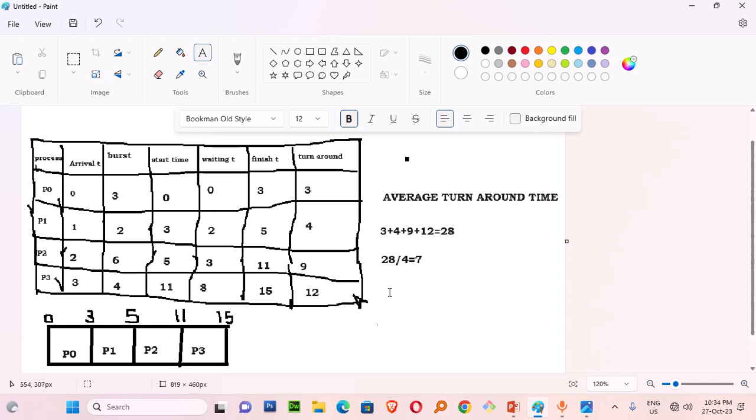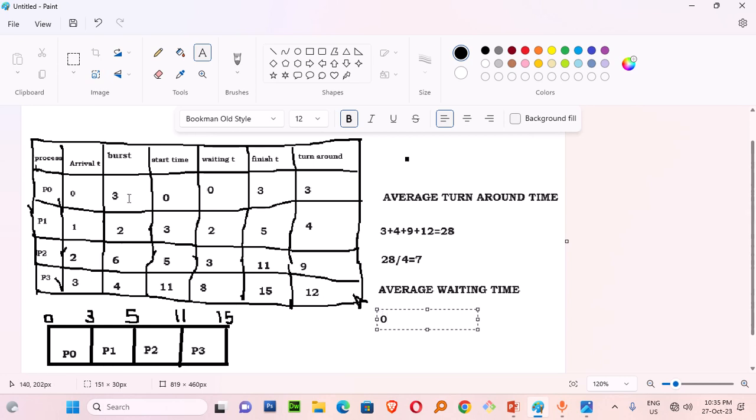Then we had what we call the average waiting time. Let's calculate it from here. We shall use the same formula.